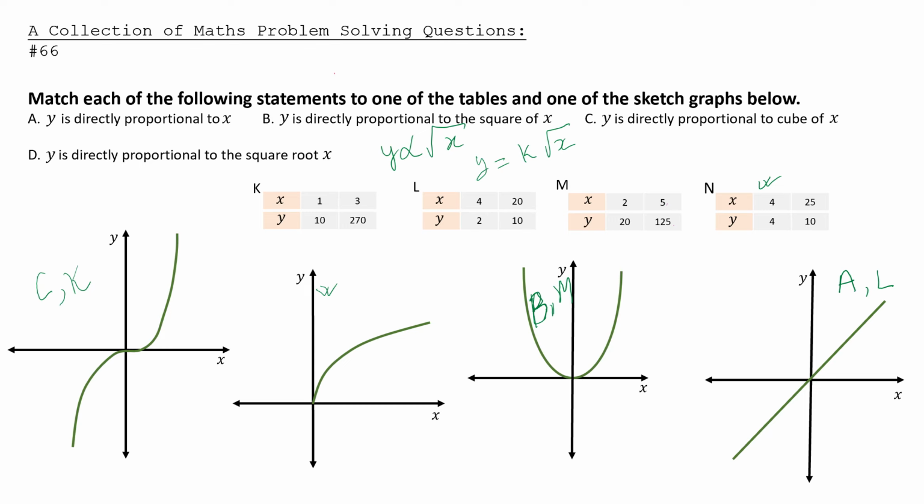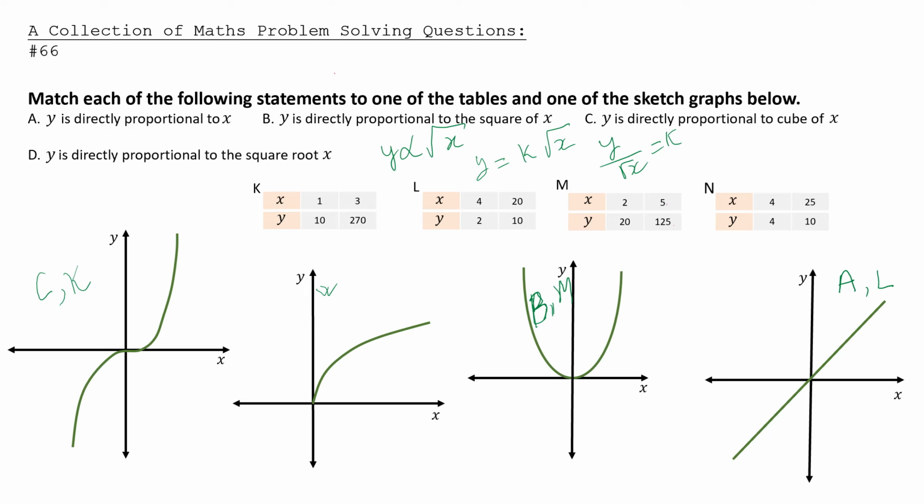That means y divided by the square root of x equals k. So let us look at the one that is remaining. It's N, isn't it?